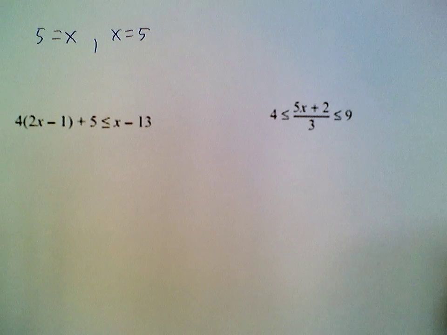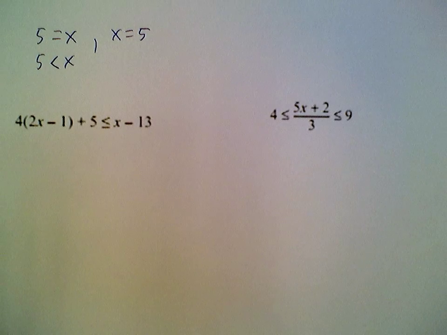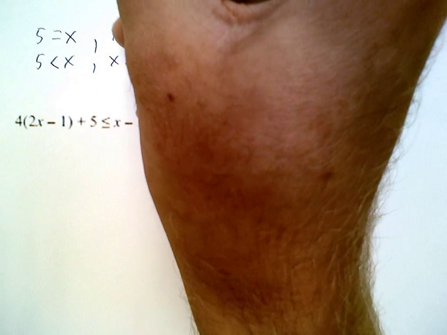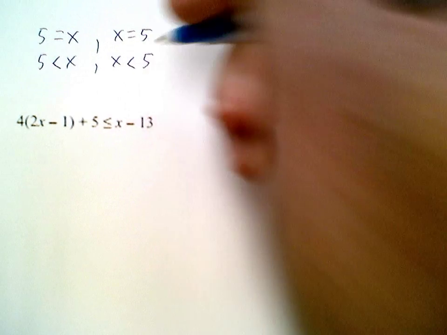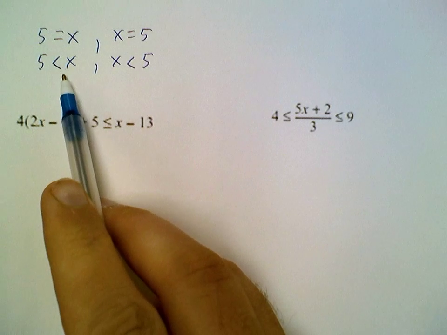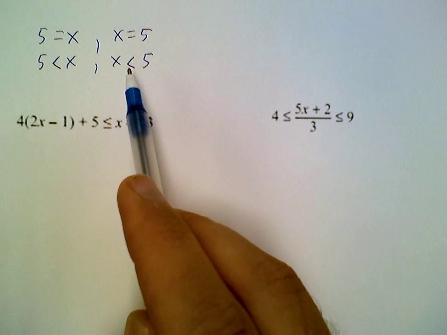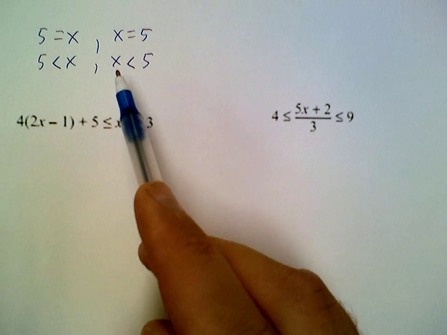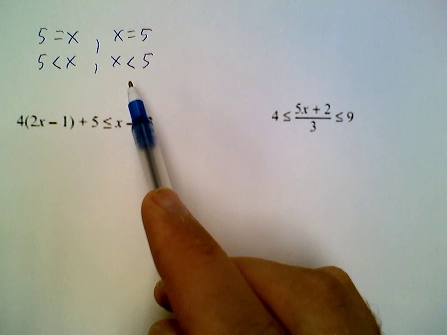However, with an inequality symbol, if I write 5 is less than x, that is different than writing x is less than 5, because in the first one, x is more than 5. In this one, x is less than 5. So the order doesn't matter for equations. The order does matter for inequalities.